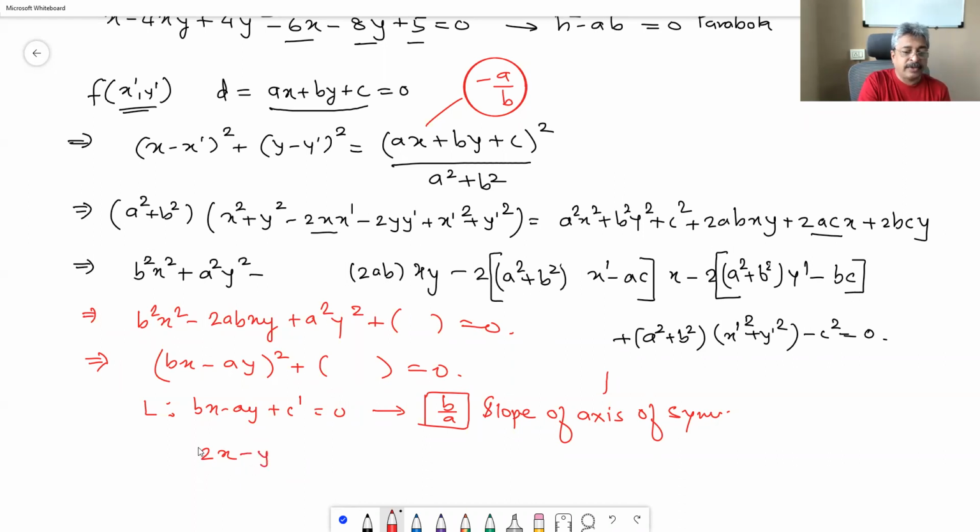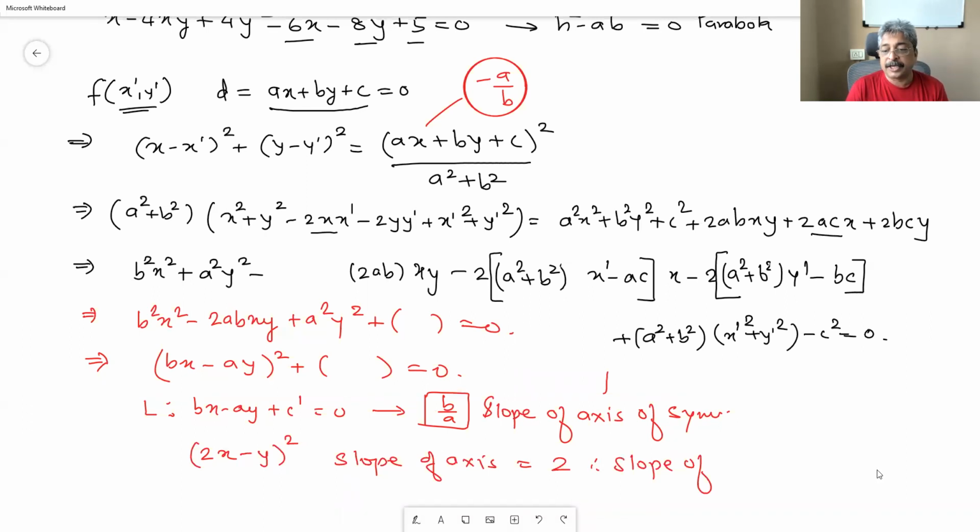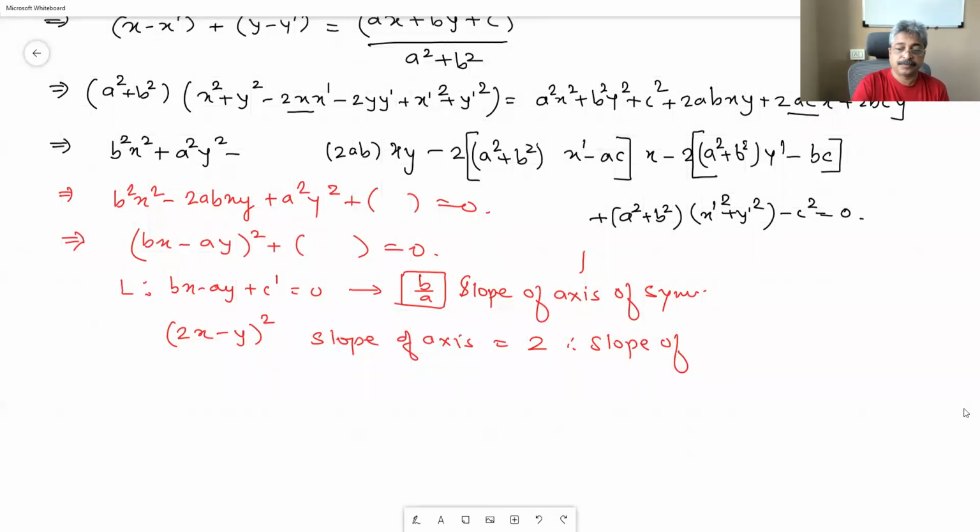That is how our square will get completed in our problem, and therefore the slope of the axis of symmetry is two, and therefore the slope of directrix is minus 1 by 2.